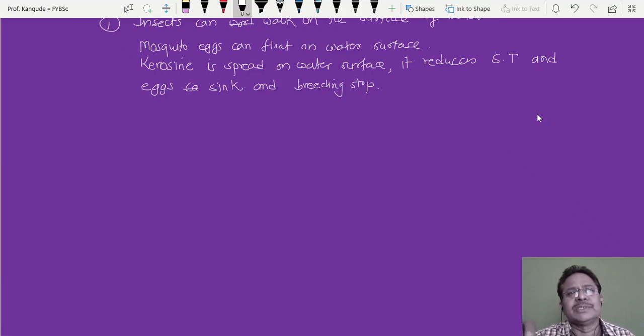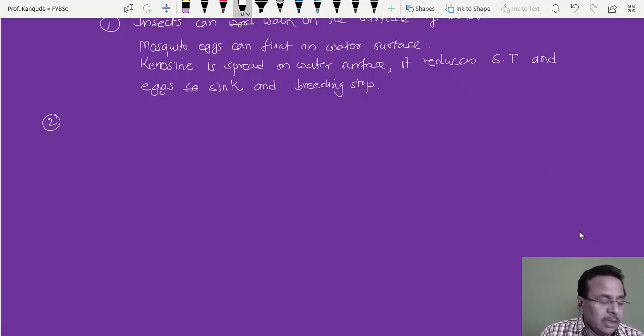Then they don't get the surroundings for breeding, and the breeding of mosquitoes can be stopped completely. So by adding kerosene, the surface tension of water is reduced, and this menace of mosquitoes can be reduced.